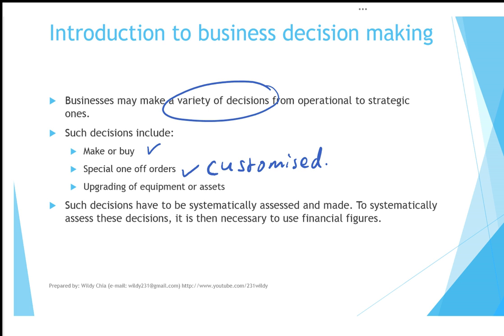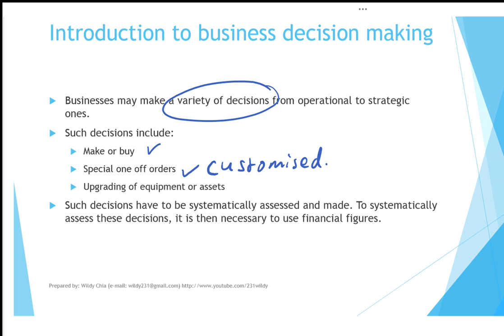In looking at whether to accept these special orders, businesses need to decide whether it's commercially viable, whether it's economically sensible. And one more is the decision to upgrade equipment, or maybe to expand. So we have decisions such as these, and there are many other types of decisions, but today we are just going to look at a few of these simple decisions.